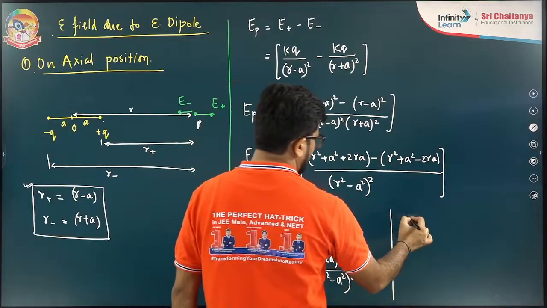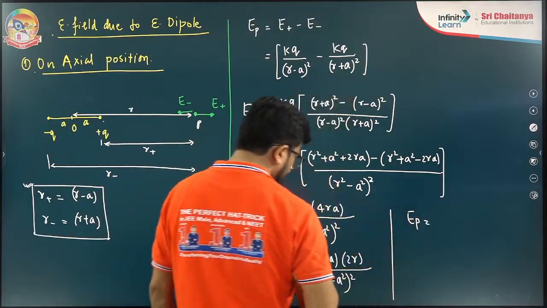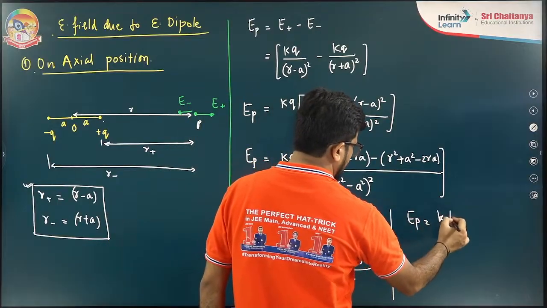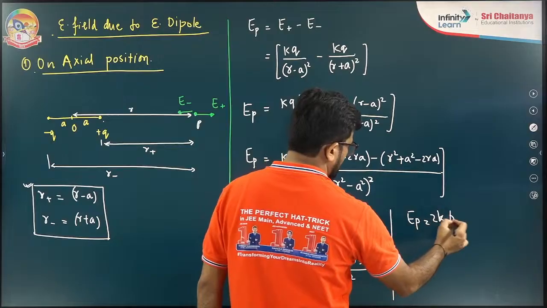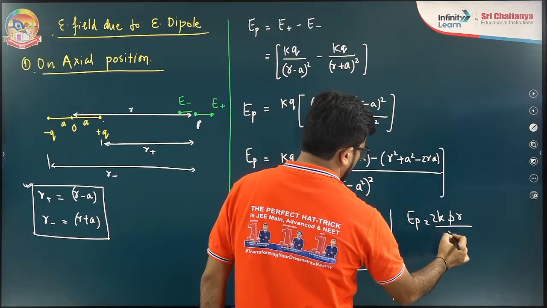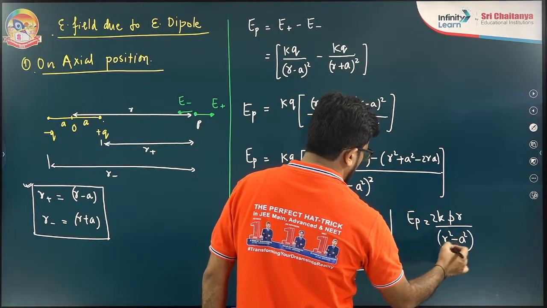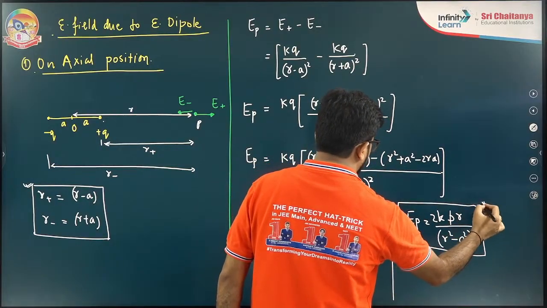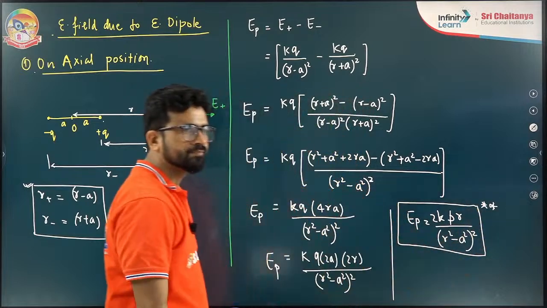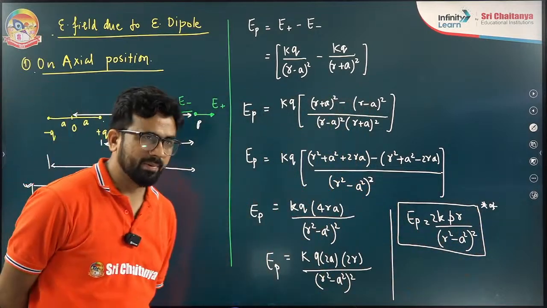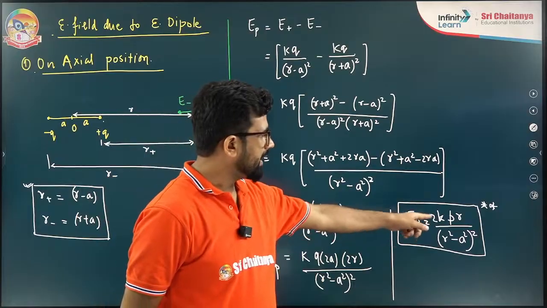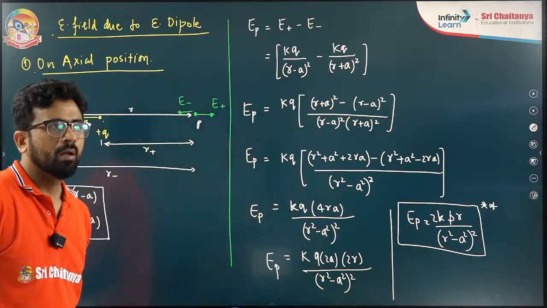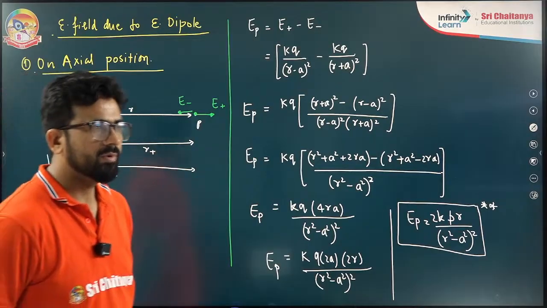The field at P is equal to K into p, and 2 is also there, that is 2r divided by (r square minus a square) whole square. This is the field at an axial position. Important result, you have to remember it. The field is 2kpr upon (r square minus a square) whole square. That's the important result.